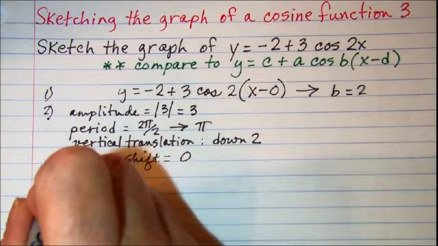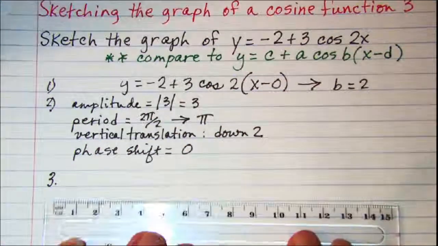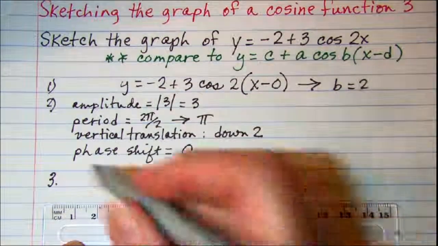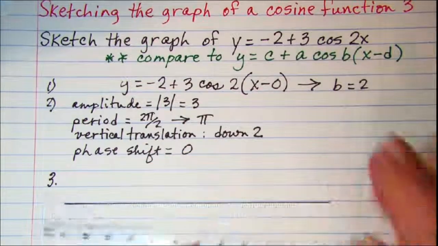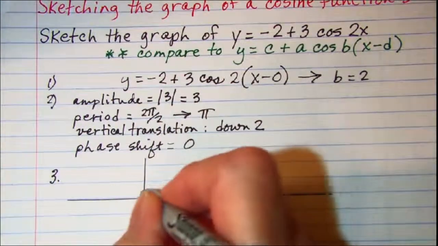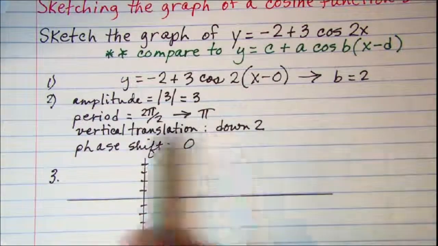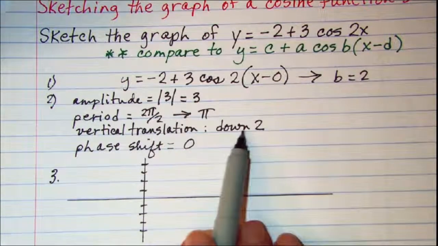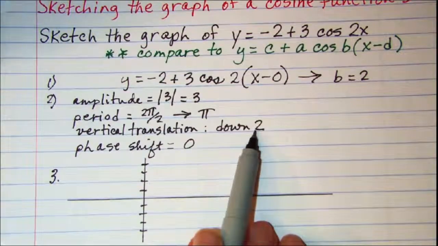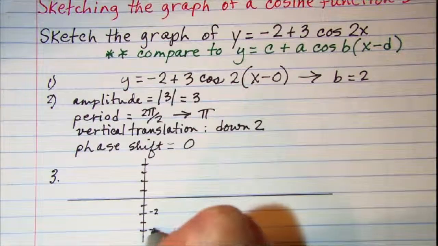My next step is to get the graph ready and draw the guidelines in. Alright, my vertical translation, I'm moving everything down 2. So let's label this.